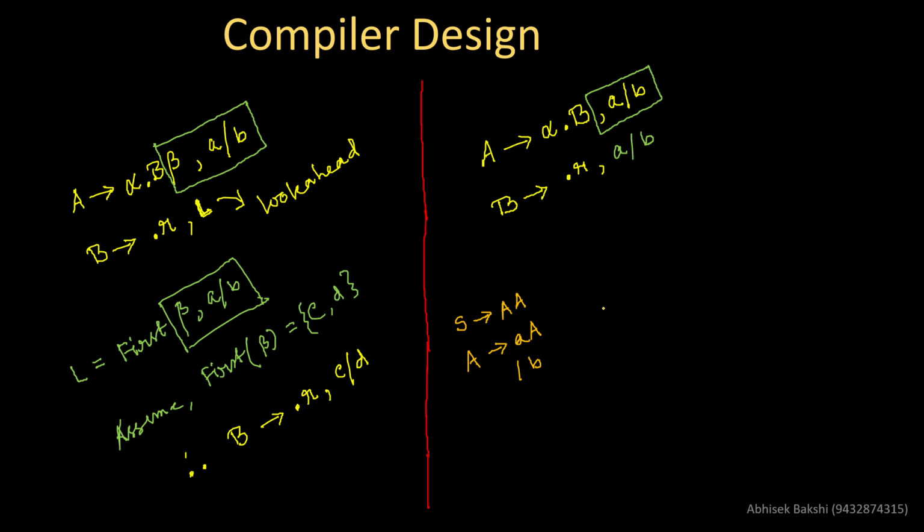The augmented grammar is an addition of a new production, where I introduce a new non-terminal which derives the present start symbol. Over here I will use S dash arrow dot S, and from this production rule itself my lookahead calculation will start.